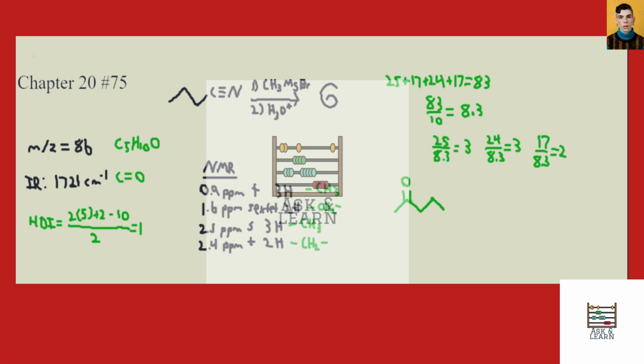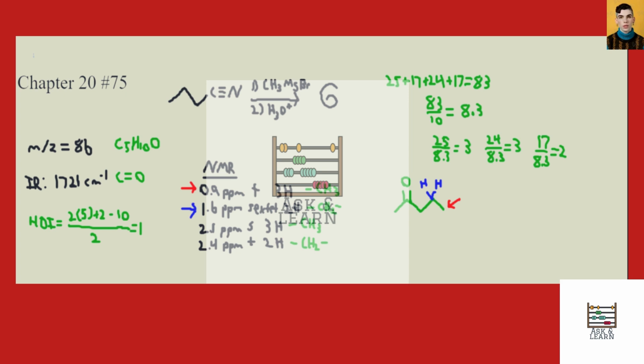Let me point out which signal is which. This methyl group, oops, wrong methyl group, this methyl group is going to be right here. Our sextet signal is going to be these 2 protons because they're split by both the methyl group to their one side and by the other methylene group to their other side.